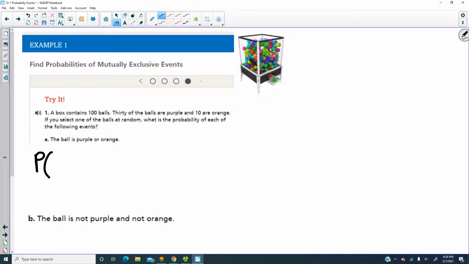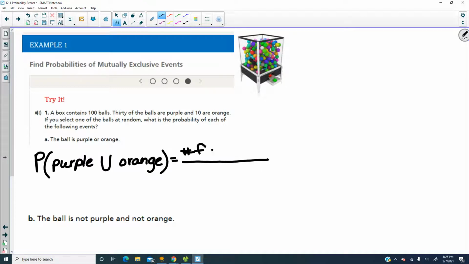Probability the ball is purple or, I'm going to use the union, orange. Okay, so remember, we're doing the number of favorable divided by the total number of outcomes.